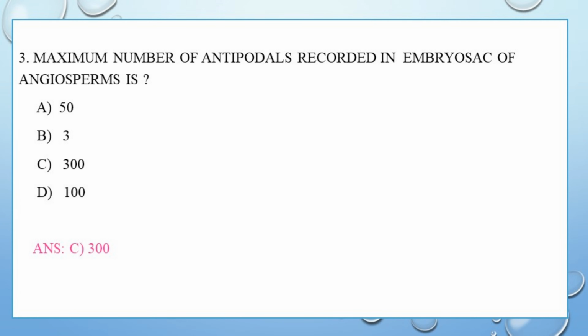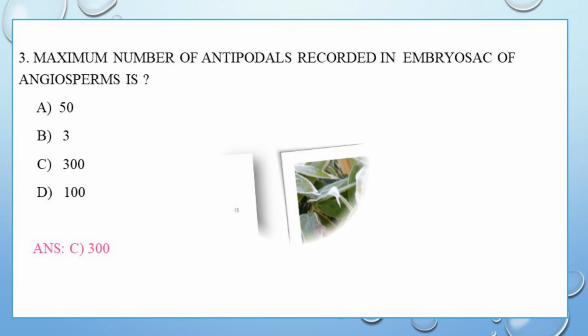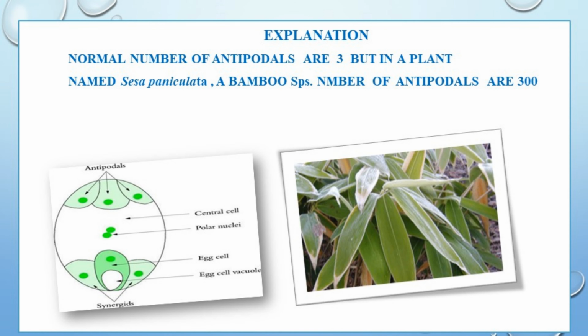Third question is, maximum number of antipodals recorded in embryo sac of angiosperm is 50, 3, 300 and 100. As you know, living world will be having so many exceptional cases.